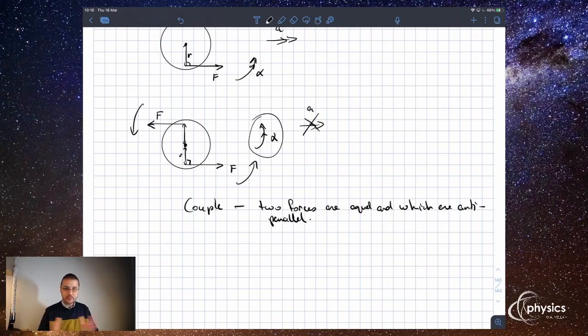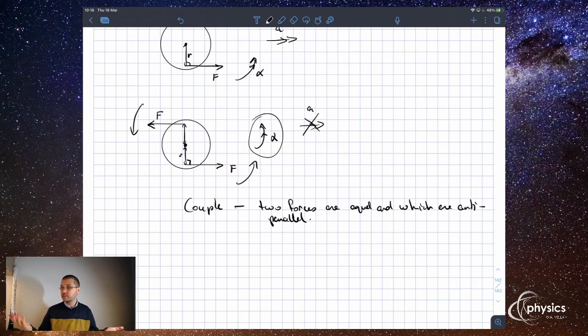Therefore, if I have a fan, a ventilator, that we use in summer, when it starts rotating, it rotates having angular acceleration, but no linear acceleration. So in that case, you need to apply a couple.